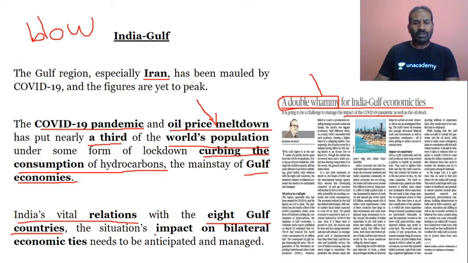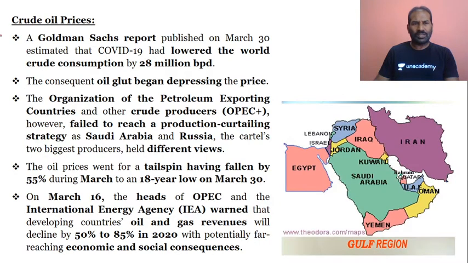We have to focus now on India's bilateral relations, bilateral economic ties, and also the impact on India's economy because of the US sanctions on Iran, the COVID-19 pandemic, and then the oil price meltdown. What is the impact on India's economy is the one we will discuss now.